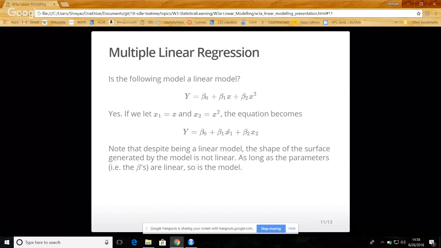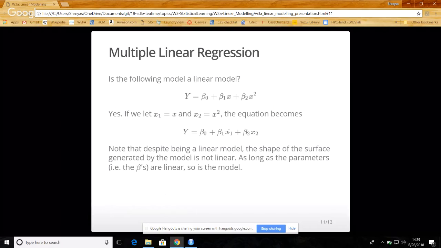So one question we should ask is: is the model y equals beta naught plus beta 1 x plus beta 2 x squared, which looks like a quadratic polynomial, a linear model? The answer is yes, because you can simply call x1 equal to x and x2 equal to x squared, and you can rewrite the equation like that, which is a linear regression model.